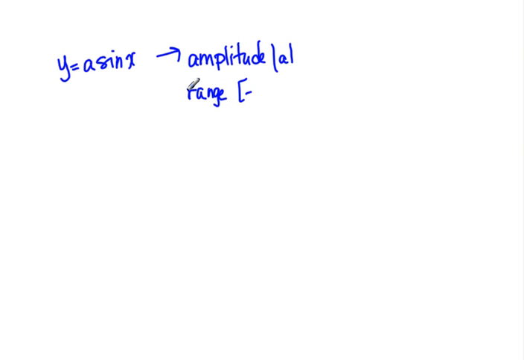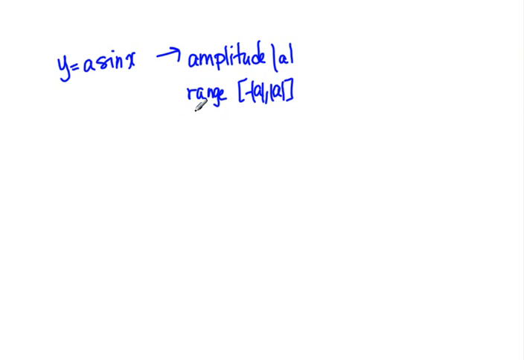Okay, so we can sum that up. We can say this: y is equal to a times sine x has amplitude of the absolute value of a. The range is going to be from negative a to a. Well, just say this, negative absolute value of a to the absolute value of a, because a may be negative in there.